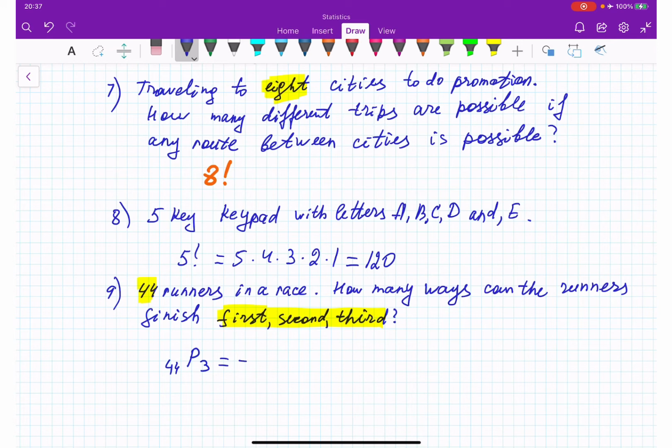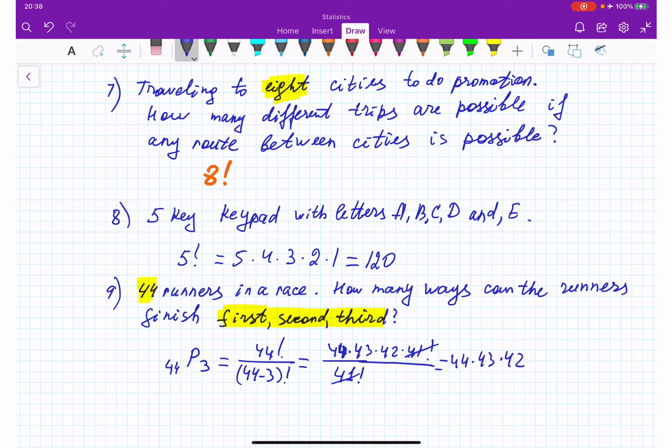So we have 44 factorial over 44 minus 3 factorial. So it's going to be 41 factorial, 44 times 43 times 42 times 41 factorial. Canceling 41 factorial, we are left with only 44 times 43 times 42.